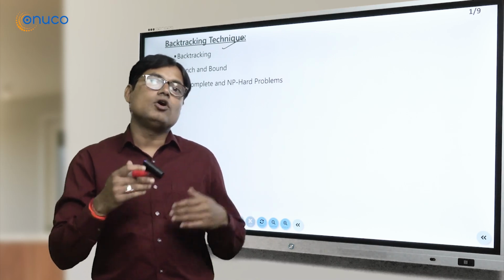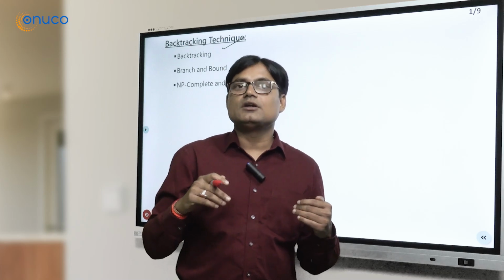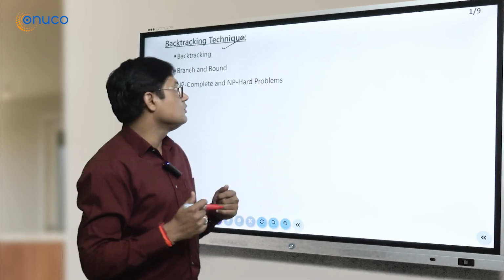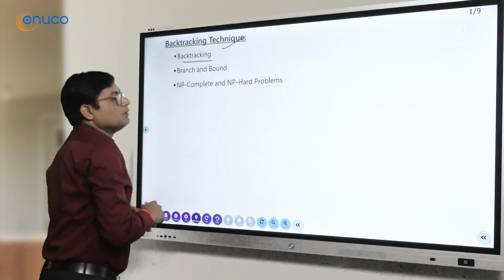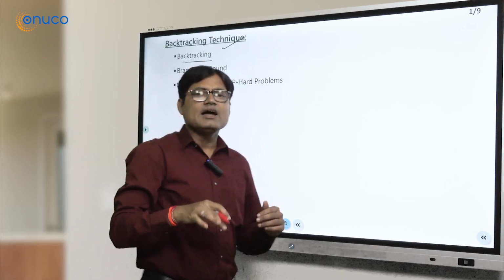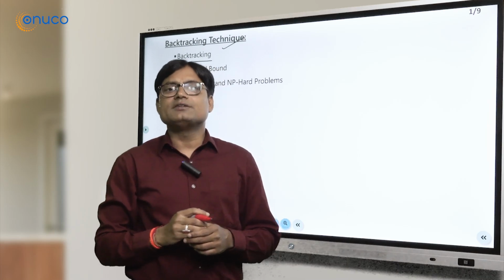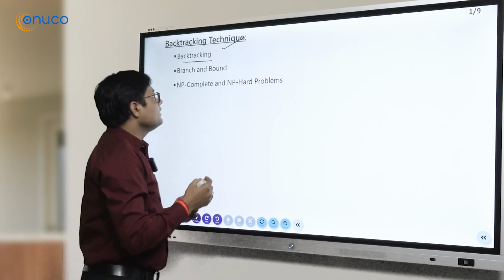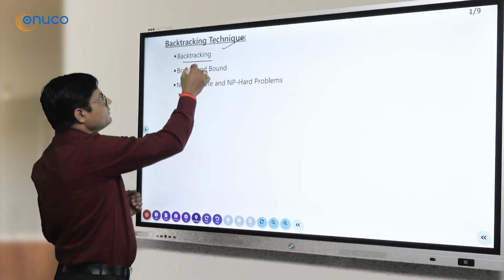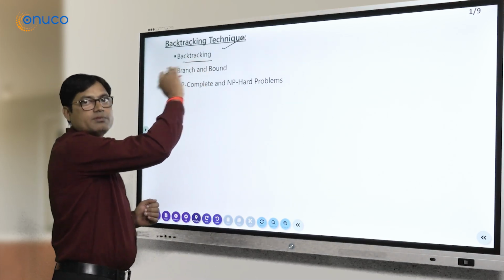We are going and finding all possible solutions, or you can say all feasible solutions, you are going to find out. And what is the technique called here? That technique is called backtracking. As in the past we have discussed the DFS concept, depth first search concept. In a similar way, by applying depth first search for each and every iteration, we perform backtracking.